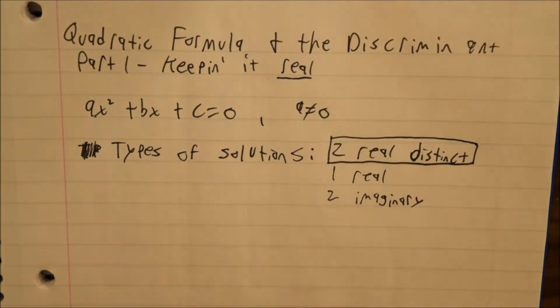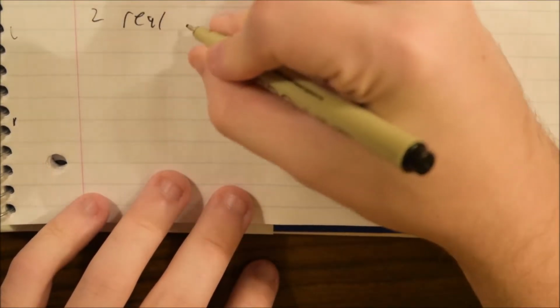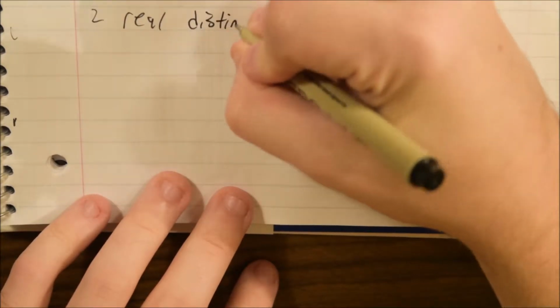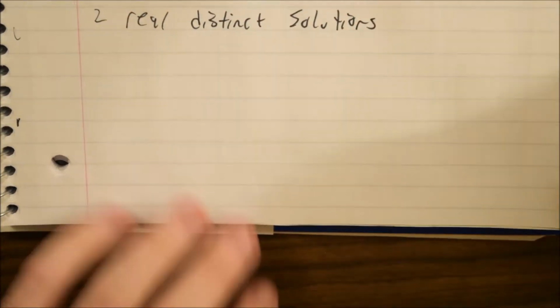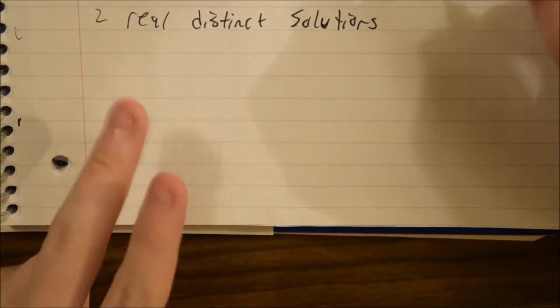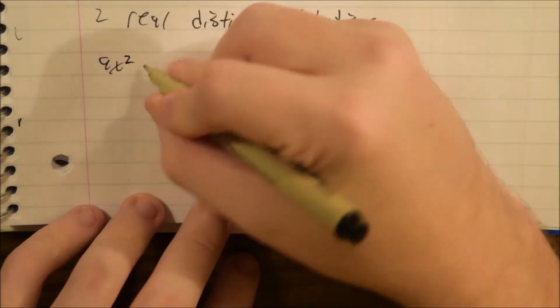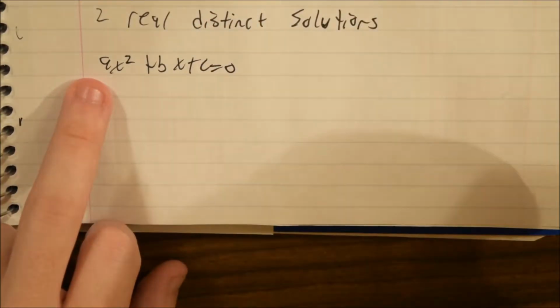Now, what exactly does it mean for a quadratic equation to have two real distinct solutions? It means I should have two real numbers that when I plug into my equation, I get a 0 out.